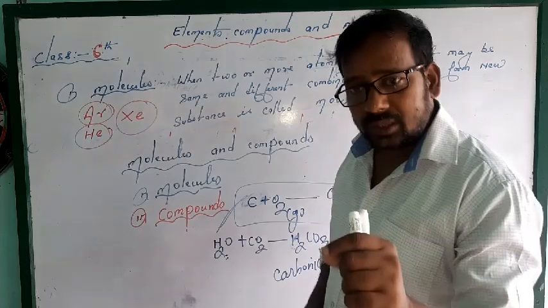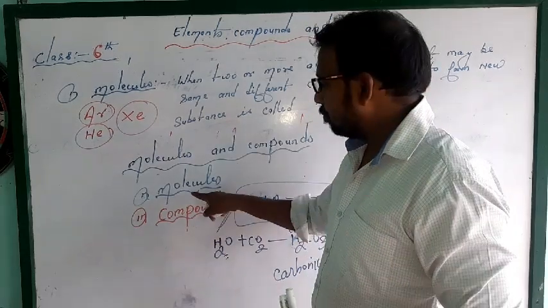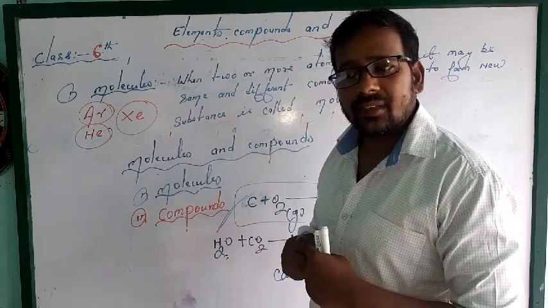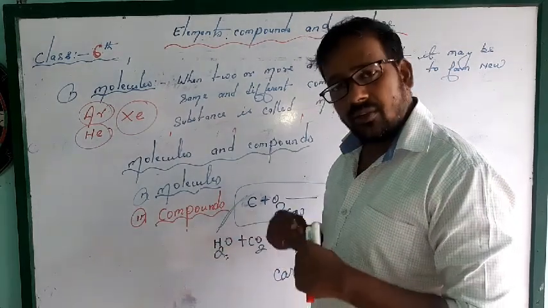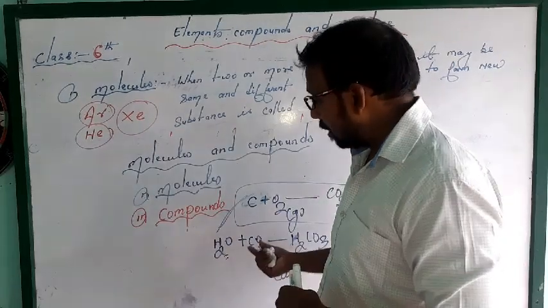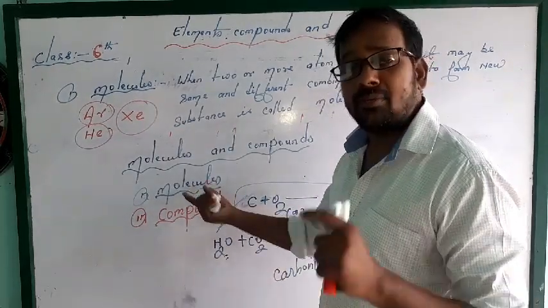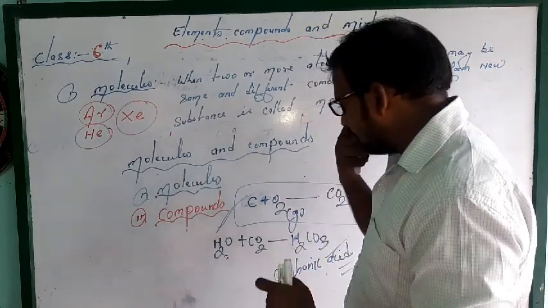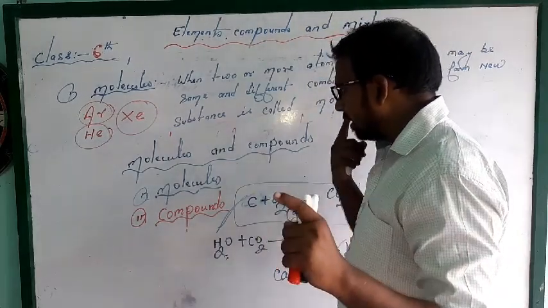So one thing you have to keep in your mind: molecules means when two and more same elements combine, and compound is when two and more different elements combine chemically. That is called a compound, meaning heteroatomic molecule. That is a very important thing.